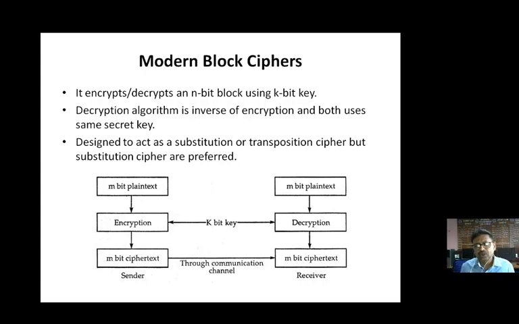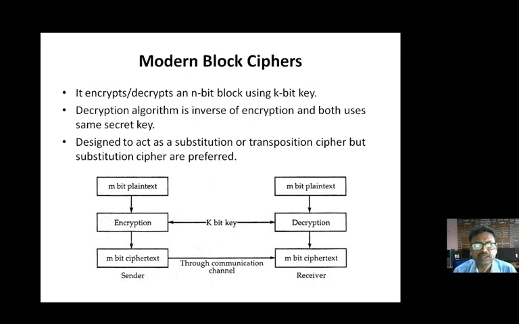Now there may be a problem: if we want to do m-bit plain text encryption, and the plain text which is available is less than m bits, we add certain padding bits so that it becomes m-bit plain text, which can be converted into m-bit ciphertext.